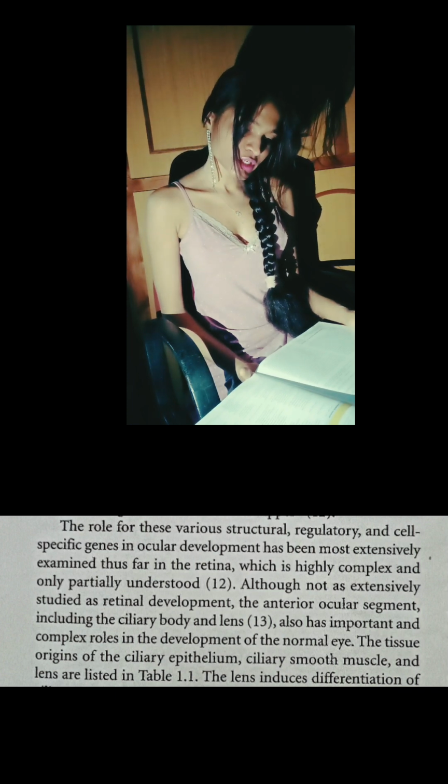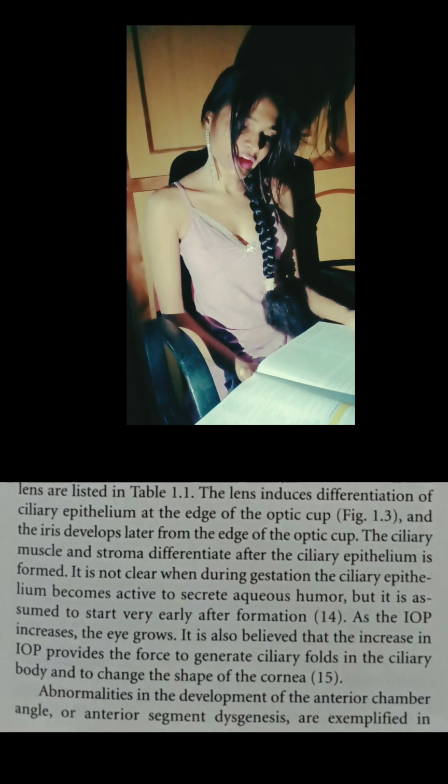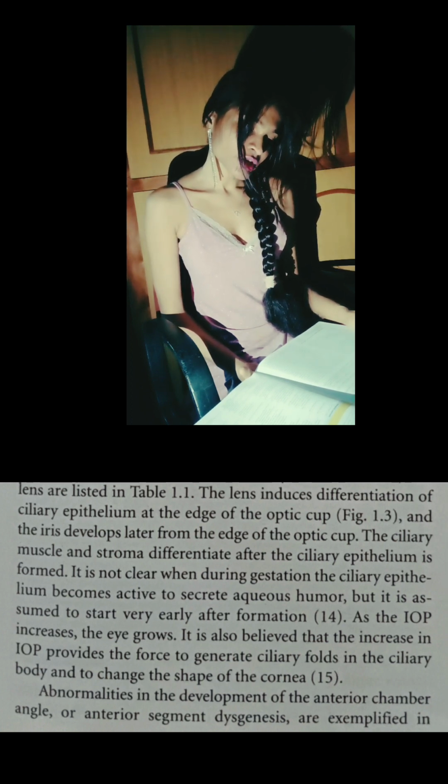The lens induces differentiation of ciliary epithelium at the edge of the optic cup, and the iris develops later from the edge of the optic cup. The ciliary muscle and stroma differentiate after the ciliary epithelium is formed.